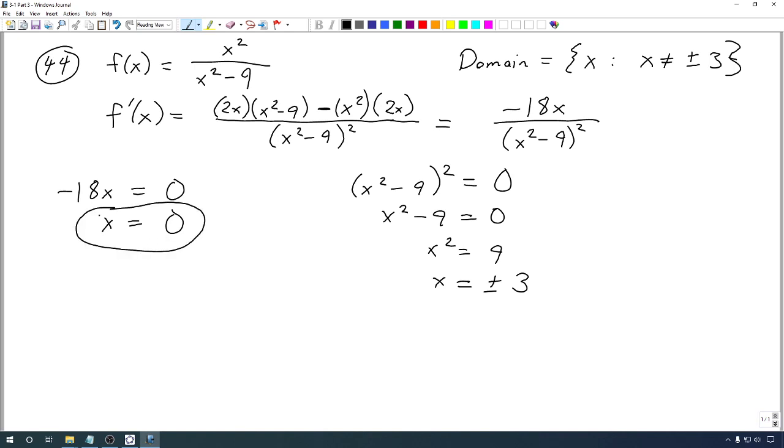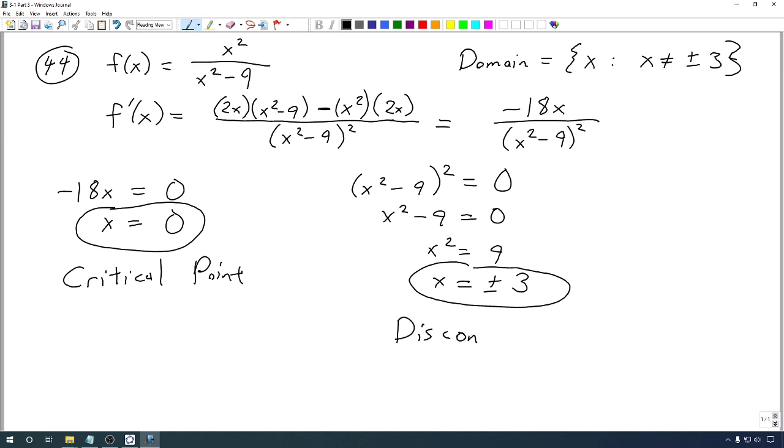This is our critical point. The x equals plus or minus 3, we don't want to ignore them. We actually do care about them. These will be in our number line, but not because they're critical points, but because these are discontinuities. We need to include those.